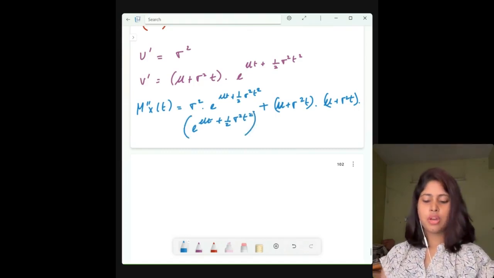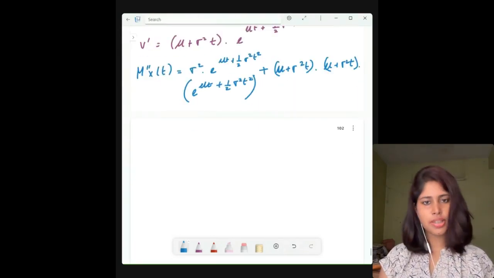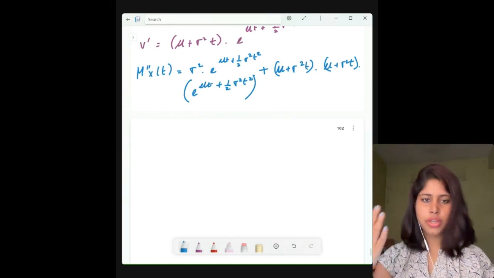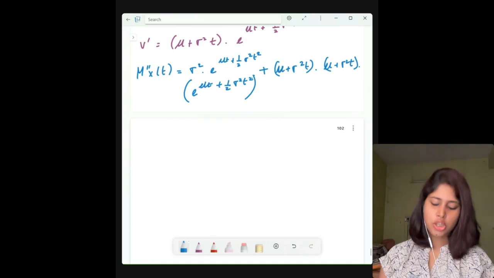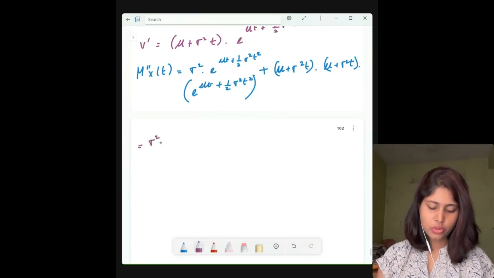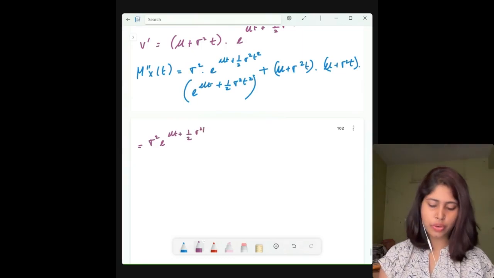Now look at here. From here we can directly see that mu plus sigma square t and mu plus sigma square t both are the same term. So we can just write it as 1, and we can do the exponent 2, right? So let me write it again, more nicely. It will be sigma square e to the power mu t plus half of sigma square t square.